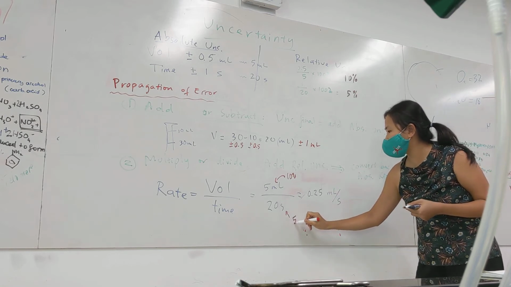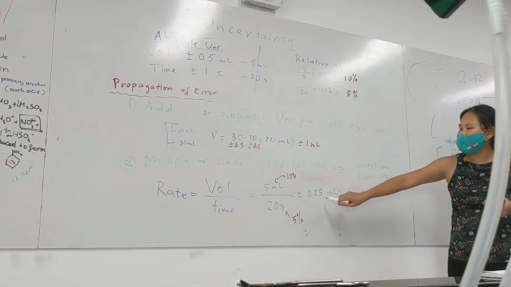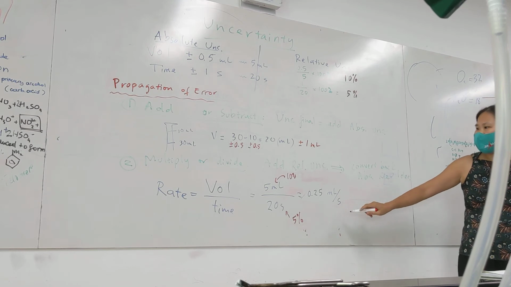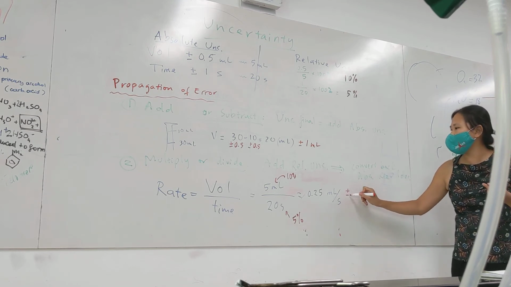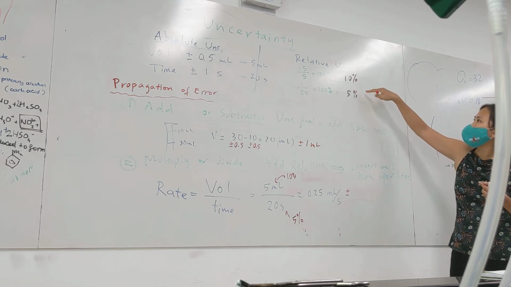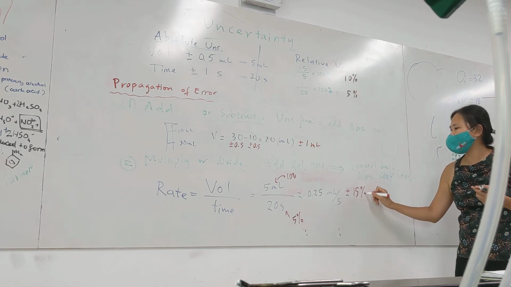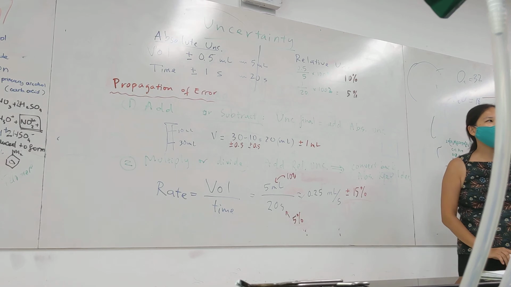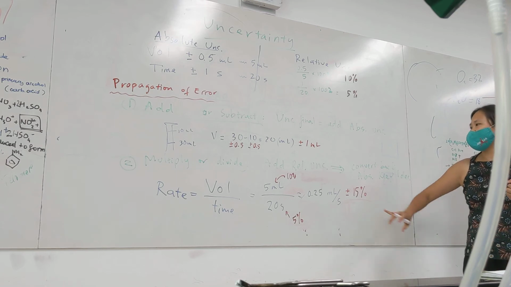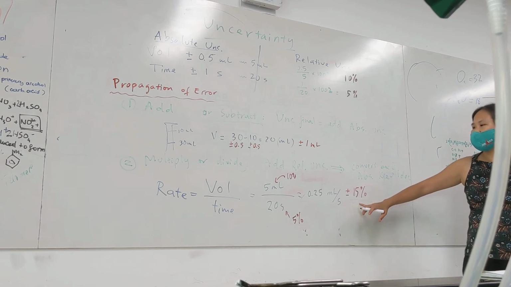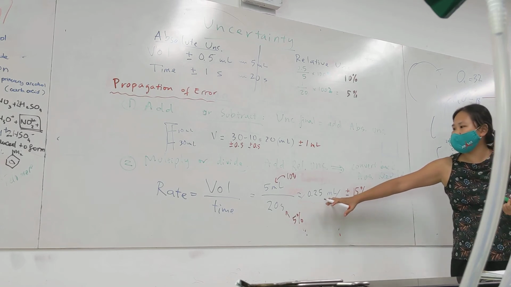So this 0.25 milliliter per second is going to have an uncertainty of plus or minus 10 plus 5, 15%. You with me?